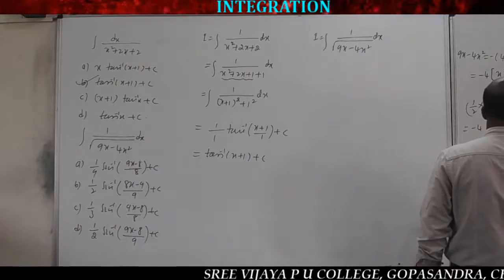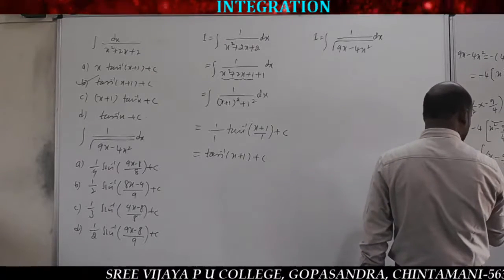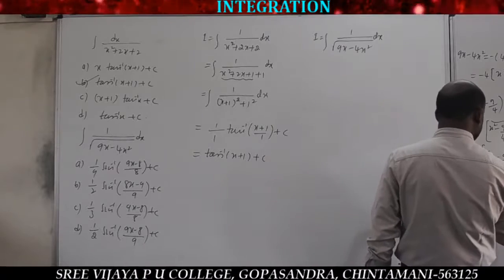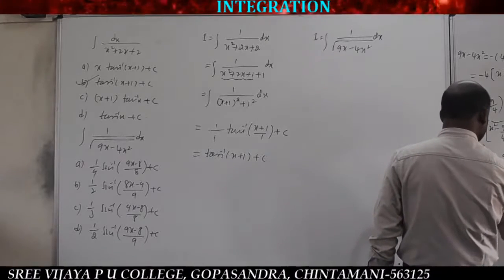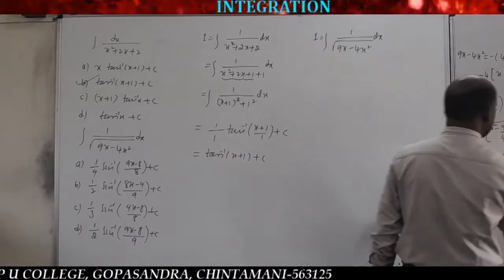So 9 by 8 whole square minus of (x minus 9 by 8) whole square.